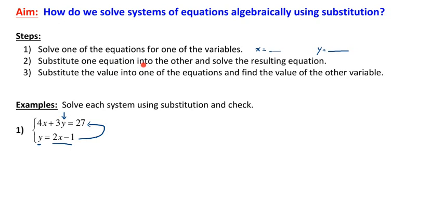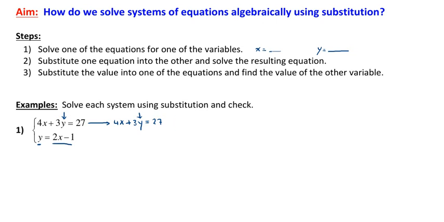Substitute one equation into the other. So I'm going to do the substitution. And I'm going to rewrite the first equation because the substitution will be done into this equation. So I'm going to be rewriting this equation. 4x plus 3y is equal to 27. And now I'm going to substitute y.